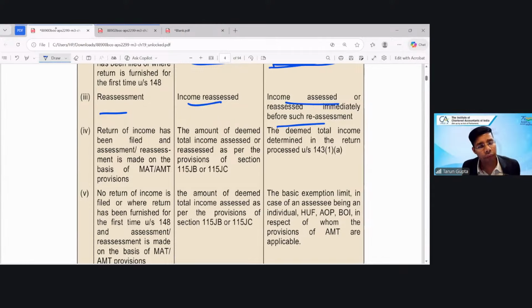If I had furnished a return of income, the book profit or ATI as determined in the intimation. If I had not furnished a return of income, then the basic exemption limit. If this is a reassessment case, then I will compare the book profit or ATI computed in the reassessment with the book profit or ATI computed in the immediately earlier assessment. Okay, so similar to what we discussed in the case of income.